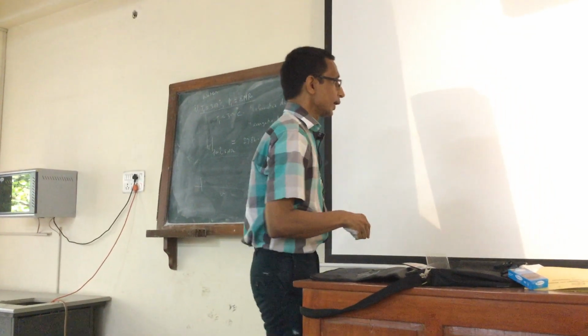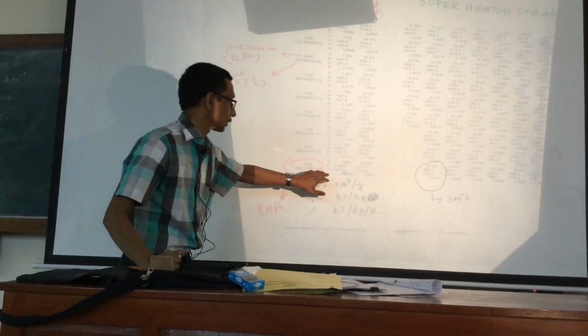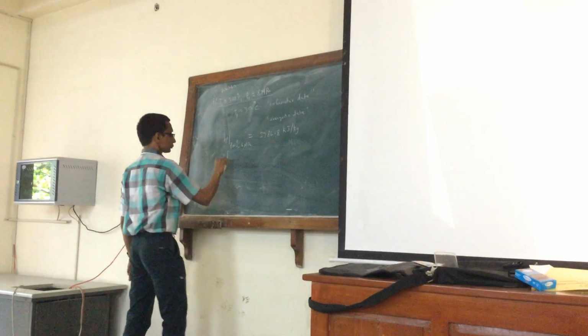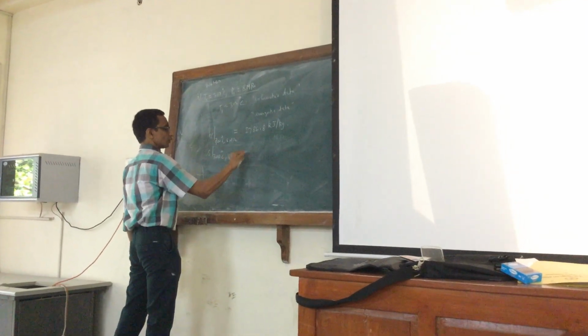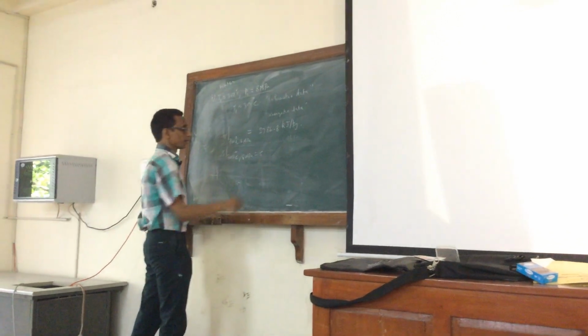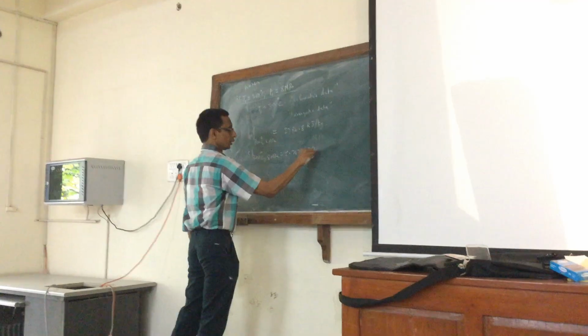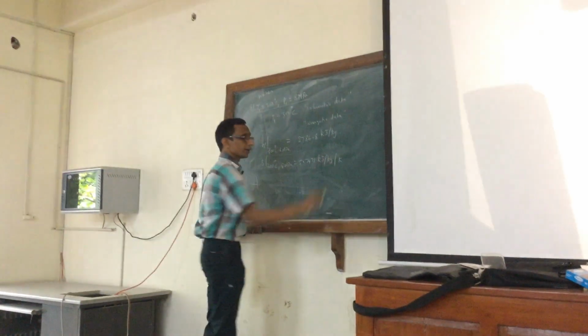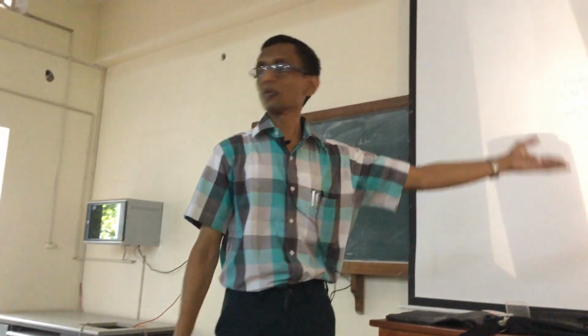That's the unit. And S, even though it's capital S here, is all specific entropy. It is 5.7471 kilojoule per kilogram per Kelvin. That's given right from the tables.